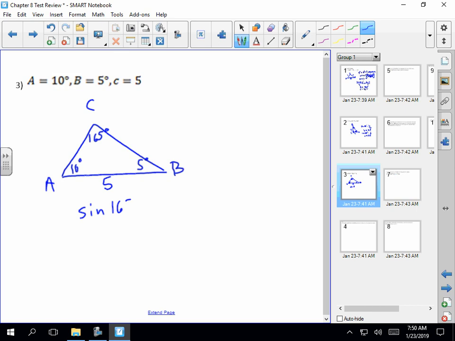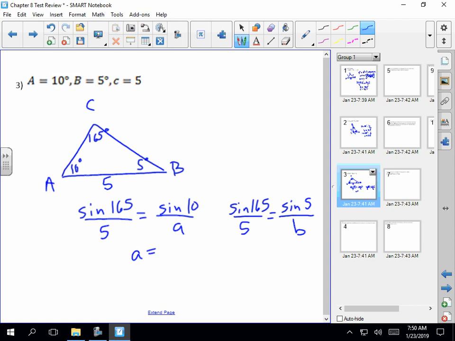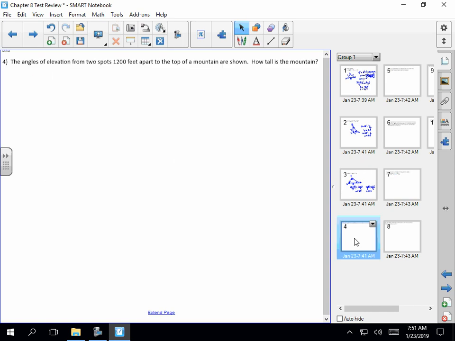We have sine 165 over 5 equals sine 10 over a, and then another setup would be sine 165 over 5 equals sine 5 over b. Solving each of those, for a you would get 3.4, and for b it's 1.7. So law of sines will work to get both of those missing side lengths, and you have solved the triangle.